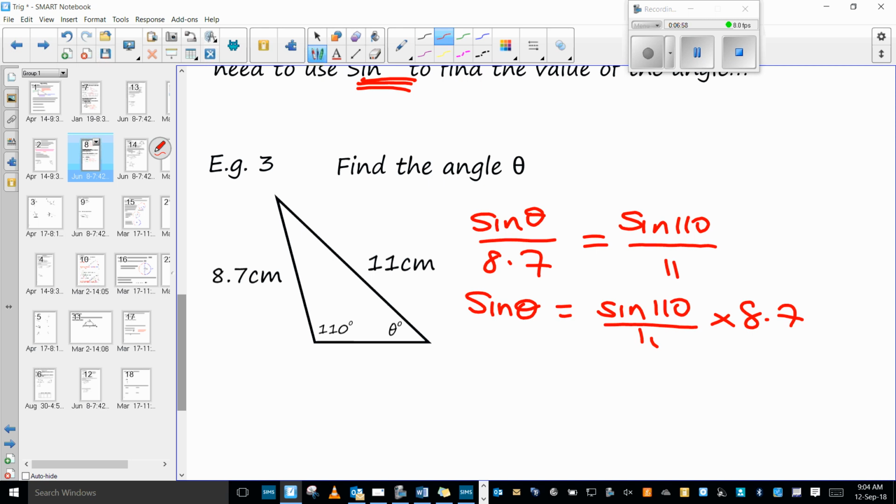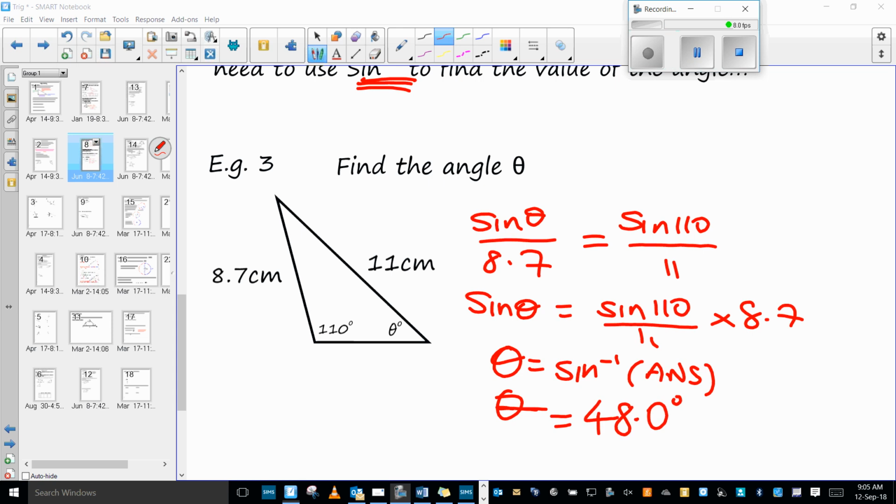You can just stick that calculation in, and then you can do inverse sine and use that answer key. You know that it stores the answer. Alright, so we got 48.0.